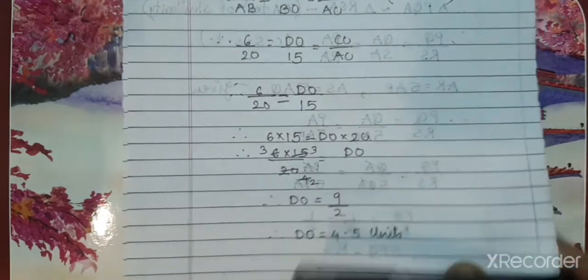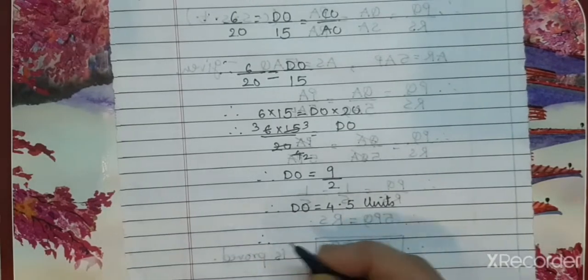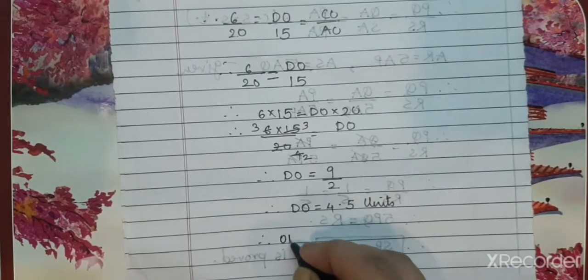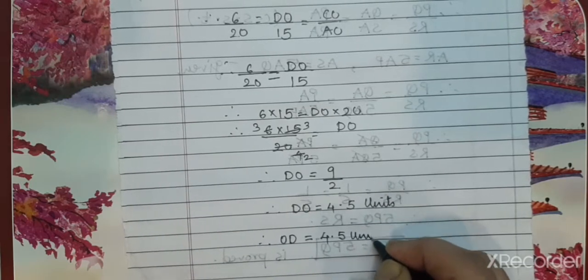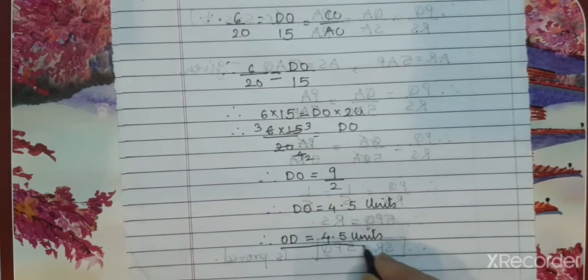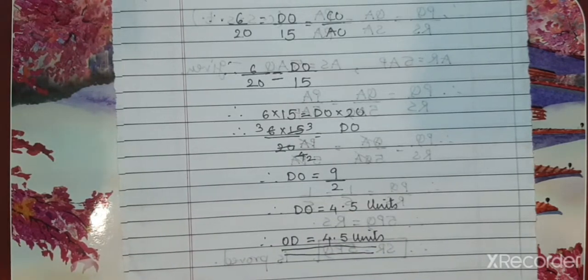They have asked us OD. Okay, so OD and DO are one and the same, but at the end you will write OD is equal to 4.5 units, and you will underline your answer. Okay, you can take a pen and a scale and underline the answer or make a box.